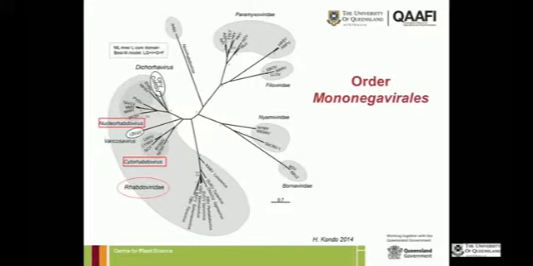And then on the upper branch here, these are the plant-infecting Rhabdoviruses, and they fall into two genera, Cytorhabdovirus, because they assemble in the cytoplasm, and Nucleorhabdovirus, because they replicate in the nucleus of infected cells.